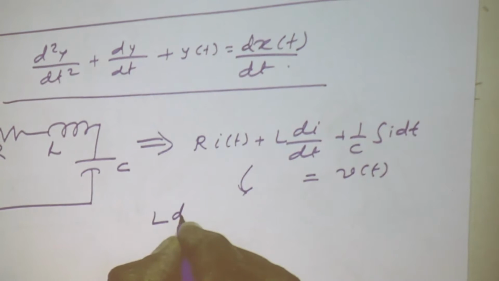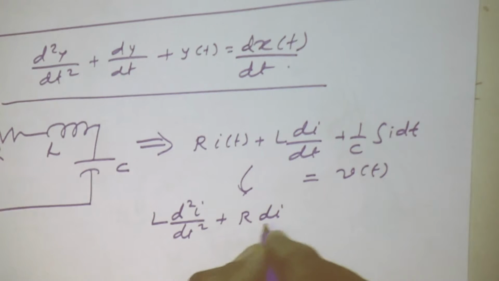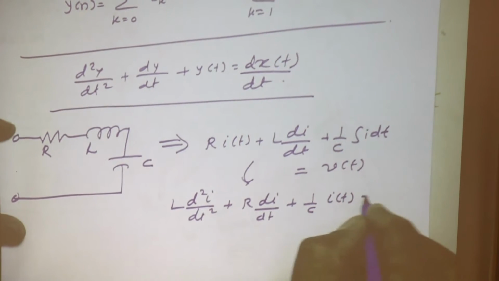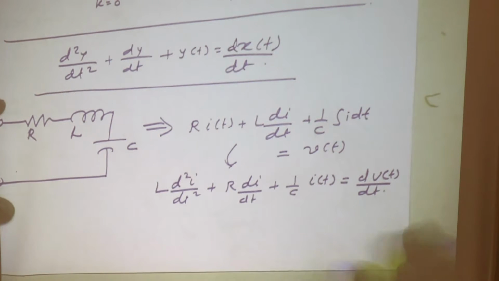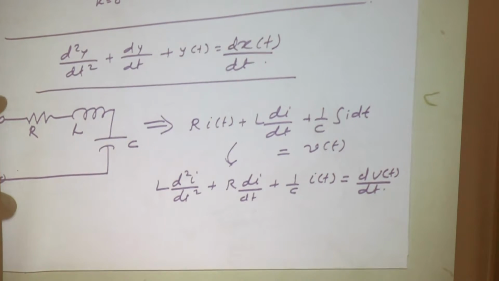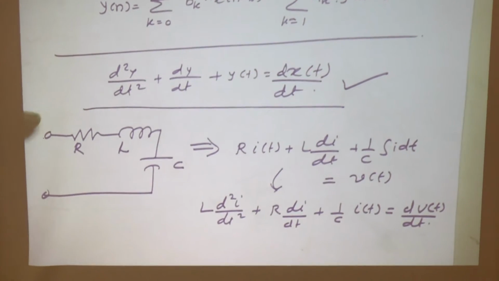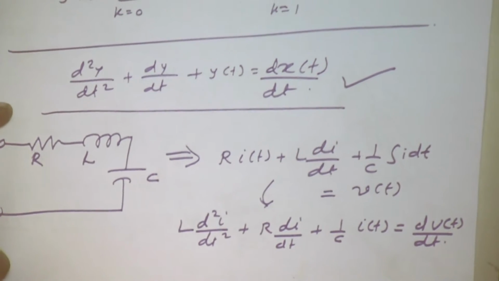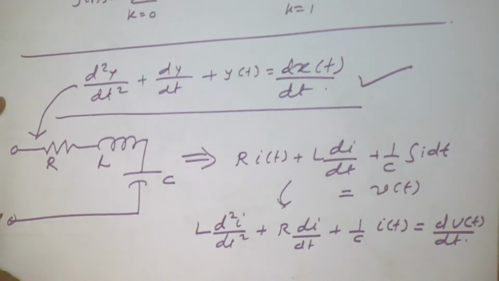You get L d2i by dt2 plus R di by dt plus 1 over C i(t) is equal to dv by dt. Put here all R, L, C equal to 1. What do you get? You get this equation where y(t) is your i(t), which is the response, v(t) is your input. So a differential equation can be realized by using this.